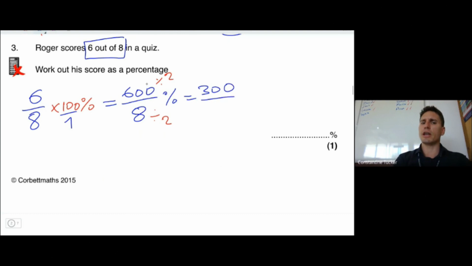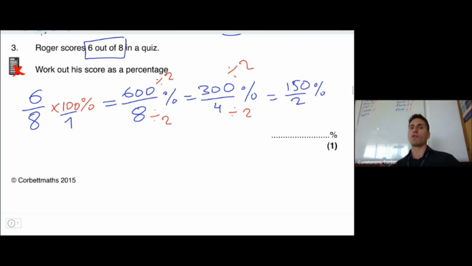Okay, yes, excellent. So you see what I'm doing is I'm breaking it down into smaller steps so that my brain can digest this a little bit better. But obviously, if it's right, maybe you can do it immediately. Okay, so we get 150 over 2, and then we change that to a percentage. Now, what is half of 150? 75. So you said, well, I saw that immediately in the beginning. Absolutely amazing. Well done. You can do that.